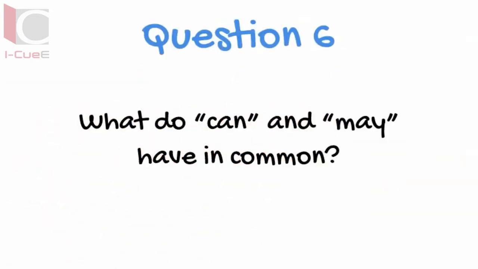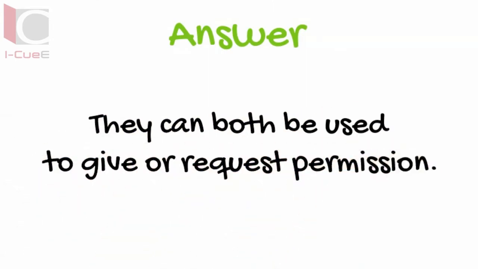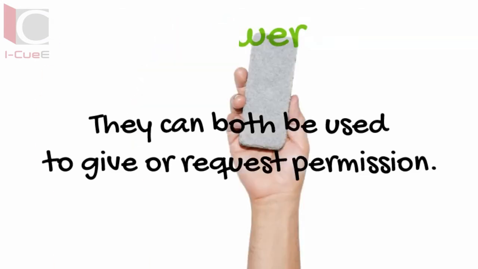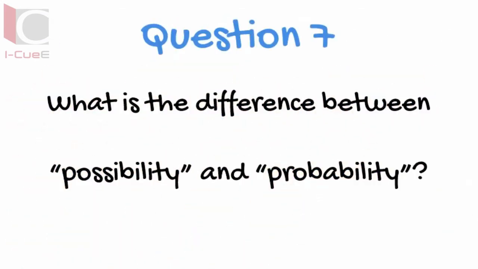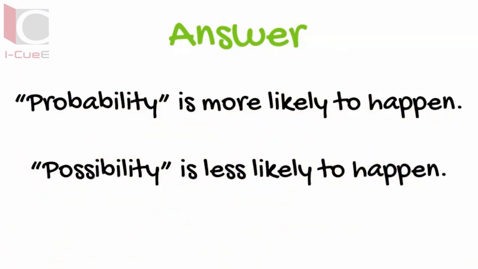What do can and may have in common? They can both be used to give or request permission. What is the difference between possibility and probability? Probability is more likely to happen. Possibility is less likely to happen.